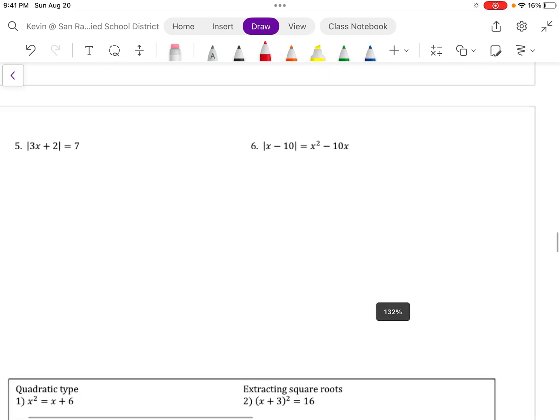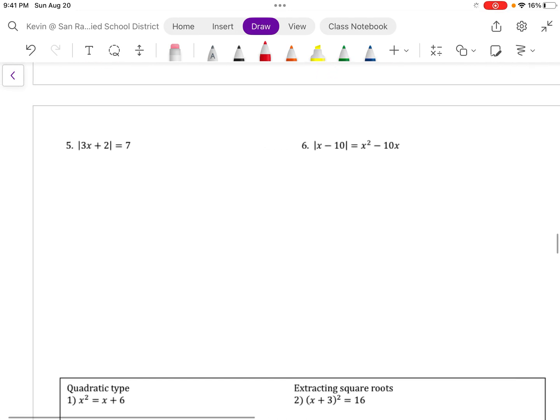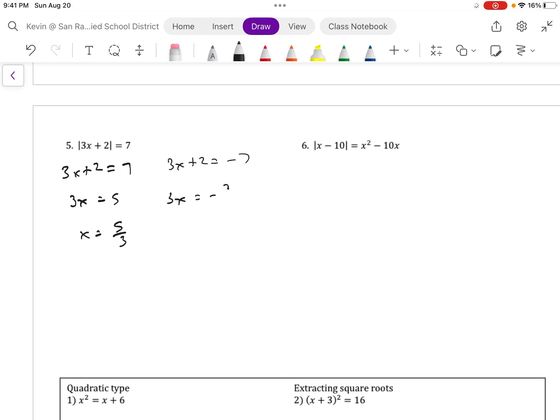Okay. See, we're going to do these two problems and then we're going to call it quits. Same thing I said before. 3x plus 2 equals 7. 3x plus 2 equals negative 7. 3x equals 5. X equals 5/3. 3x equals negative 9.